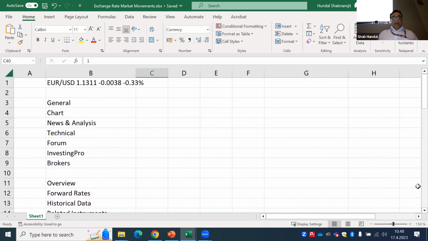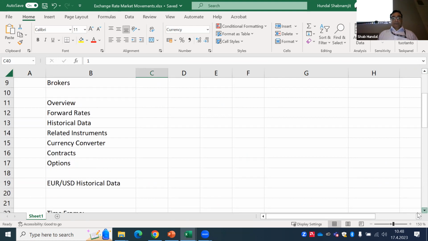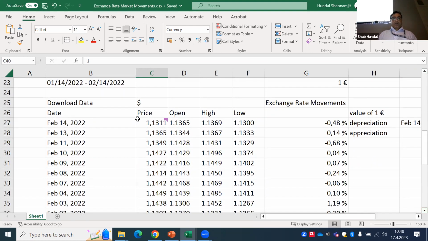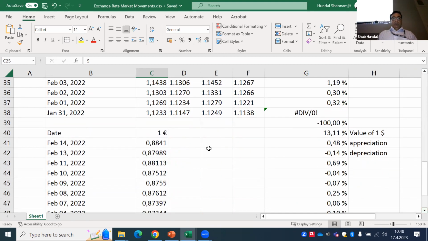So this is the price. This was the quote in dollars. And look at the quote. This is the quote in euros.